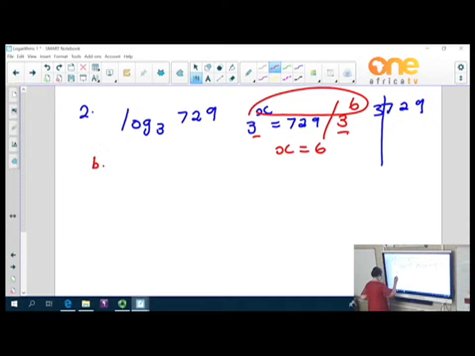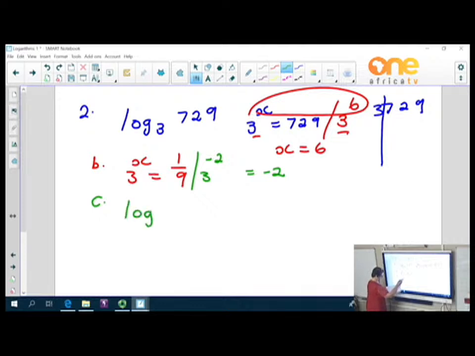Number B. 3 to the power of what is equal to 1 over 9. Changing it to the same base, this is then 3 to the power of -2. So your answer is -2. Number C. Again, I write it as a single log, so it is log 5 squared, multiply by 8, divide by 4.